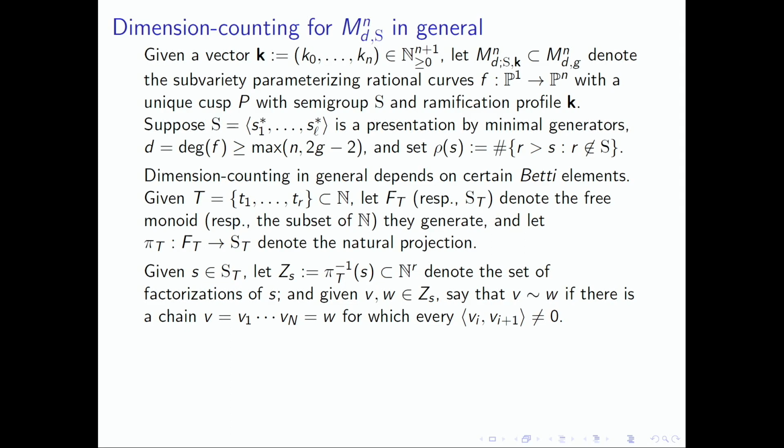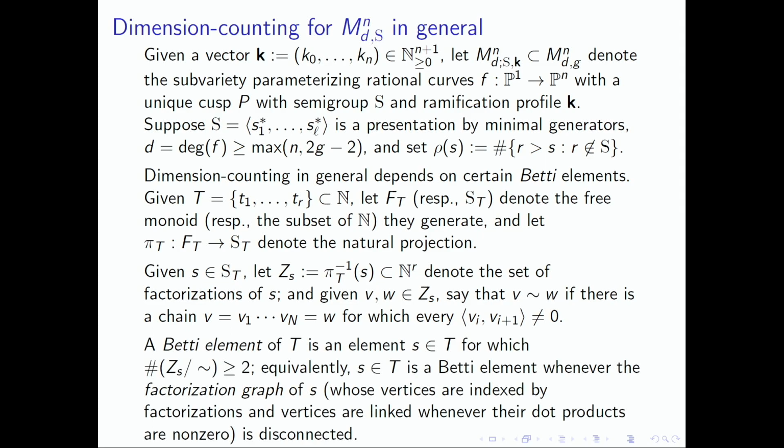If you fix an element of the semigroup and look at its set of factorizations, you can associate a graph of factorizations whose vertices are indexed by the factorizations, and where the vertices in the graph are linked whenever the dot product of the vectors that describe the factorizations is non-zero. So an element is a Betti element anytime its associated factorization graph is disconnected.